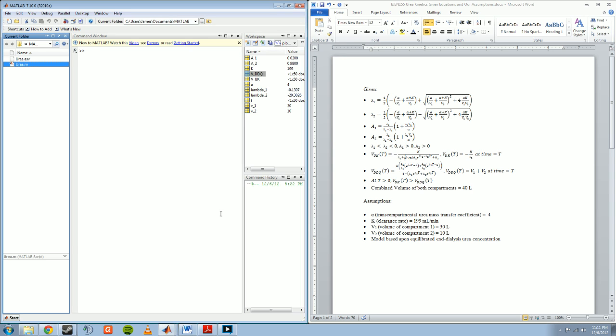Going back to the main MATLAB window, we see that there is now a table of values in the workspace window. According to the study, lambda 1 and lambda 2 should be less than 0, and lambda 1 should be less than lambda 2. Looking at the workspace, we can see that the values for both lambdas are less than 0. However, lambda 1 is actually greater than lambda 2.